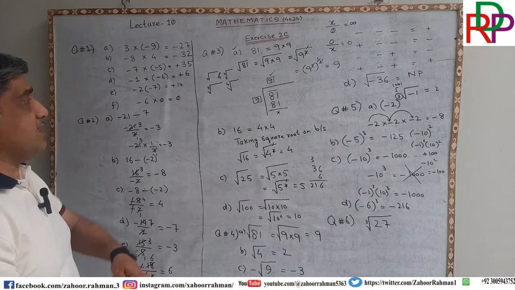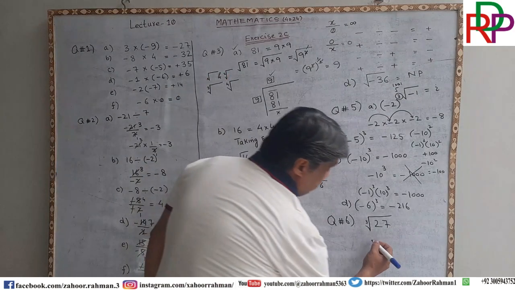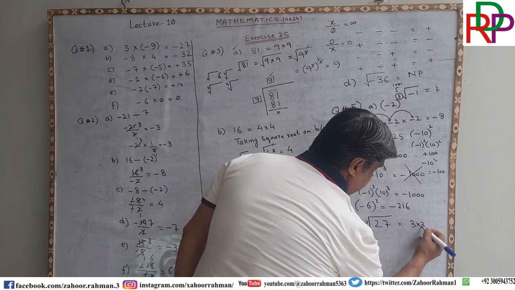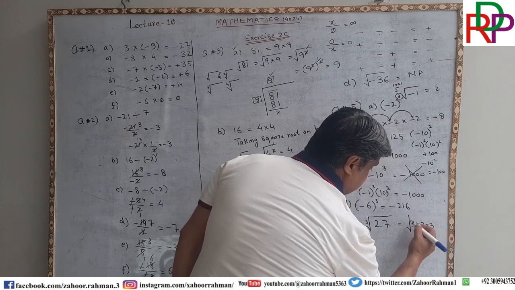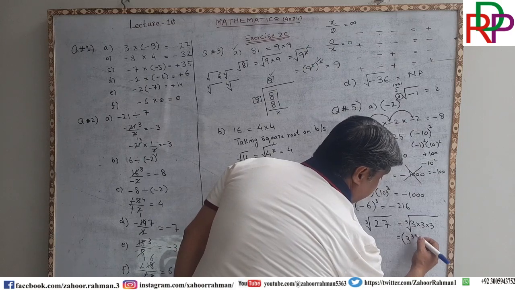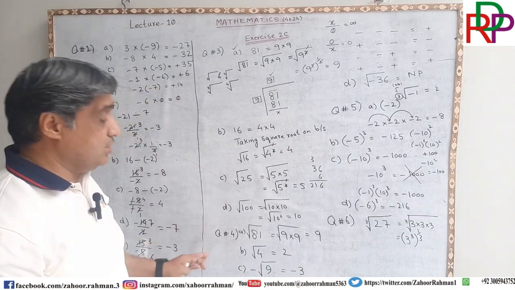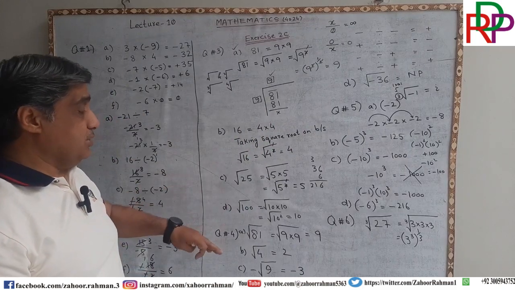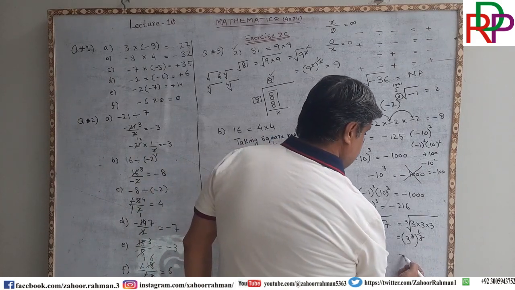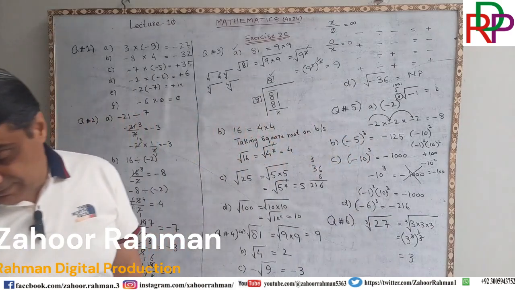This is equal to the cubic root of 3 multiplied by 3 multiplied by 3, so 3 cube and 1 over 3. The square root is 1 over 2, but the cubic root is 1 over 3. So this 3 will be cancelled with this one, and the answer is 3.